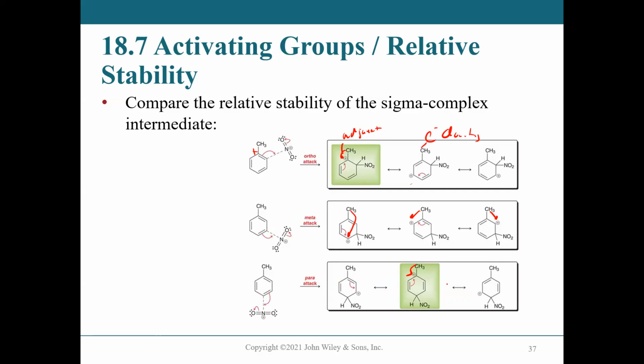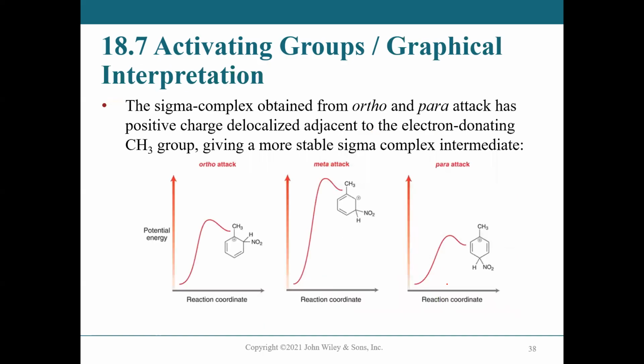I thought this was a really interesting slide, in all honesty, when I was looking over this. They show us the reaction stabilities with the potential energy versus the reaction coordinate. The one position that is the least favored is this one.